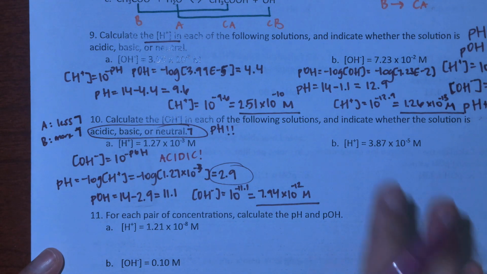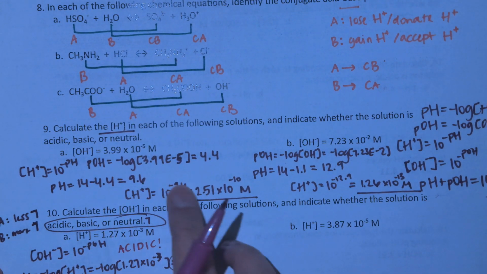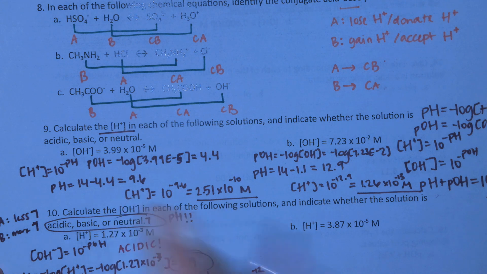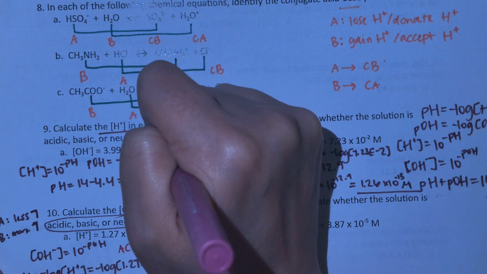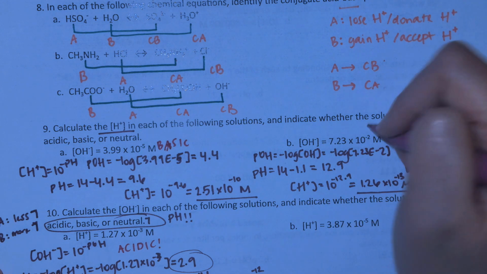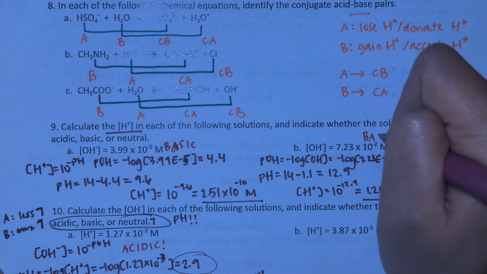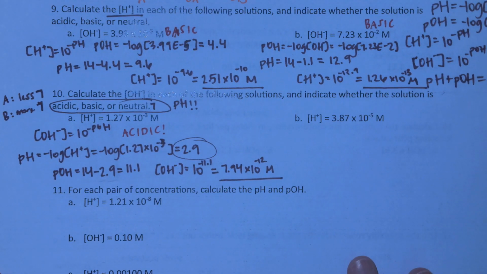Okay? So, let's actually rewind here. What solution would this be based on the pH? Basic. Basic. And then this one would also be basic because it's 12.9. Okay. There you have it.